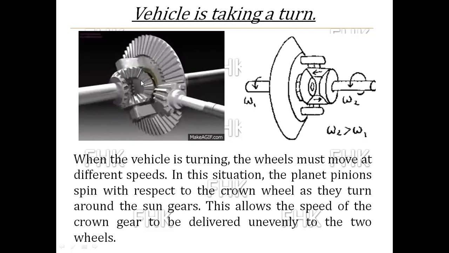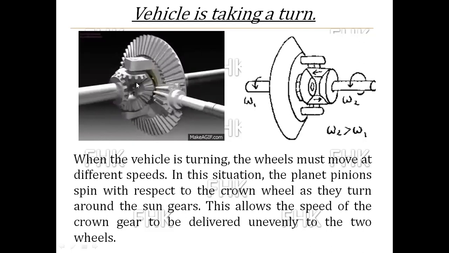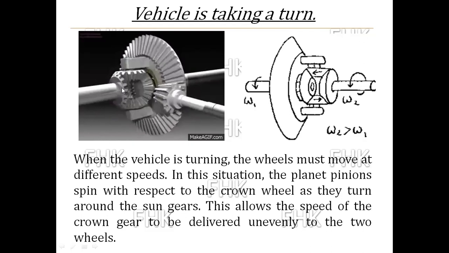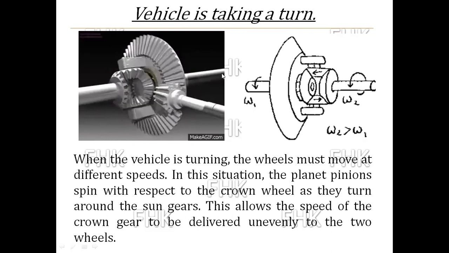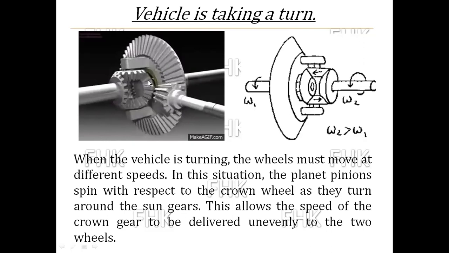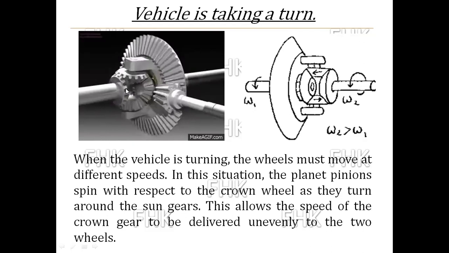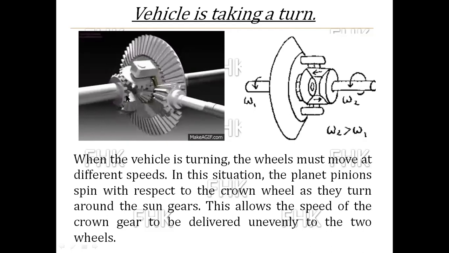So along with this cage, these two planet pinions are spinning, and this motion is given only to the left-hand sun gear. The right-hand wheel is getting motion from the crown wheel, and the left-hand rear wheel is getting motion from the sun gear.